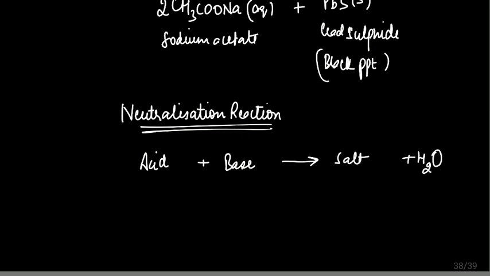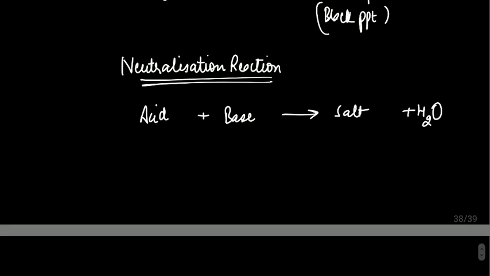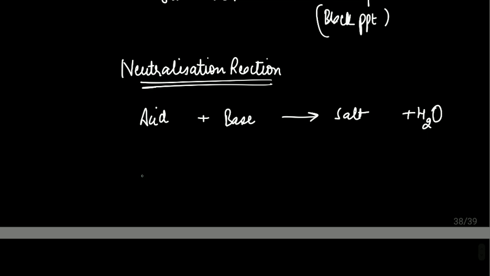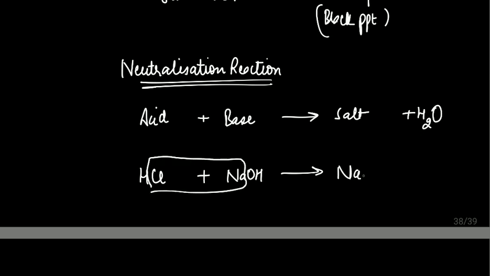This is a typical example of a neutralization reaction. I'm not going to go much in depth on neutralization in this lecture, but in the future we will be discussing acids, bases and salts in depth. So acid, HCl, and base, NaOH, sodium hydroxide, react to give what? The salt, NaCl, and water is formed. So it's a perfectly balanced equation.